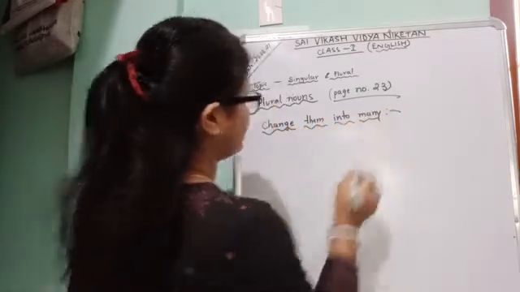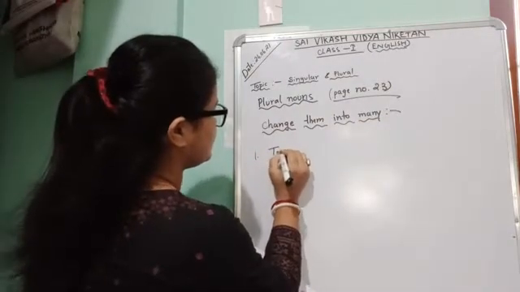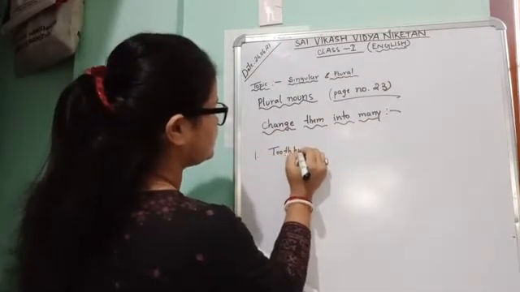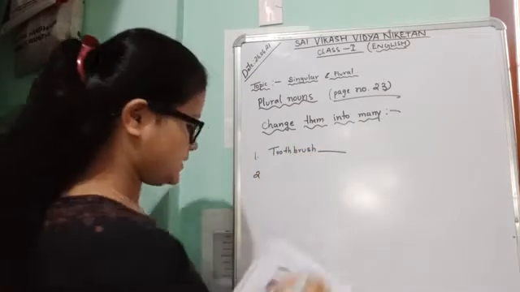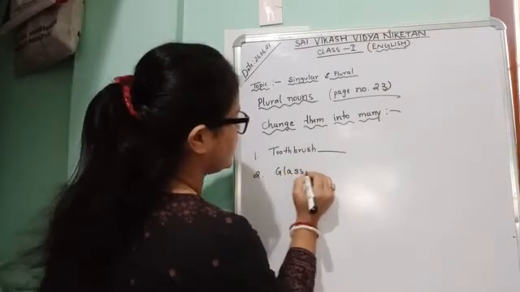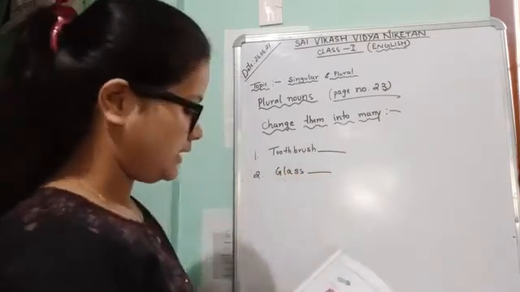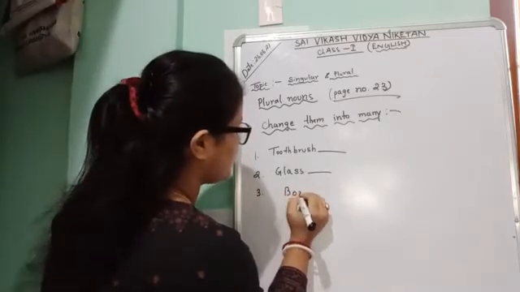Okay. So our first example is toothbrush, T-O-O-T-H. Toothbrush. Second one is glass, G-L-A-S-S. Next one is box, B-O-X.